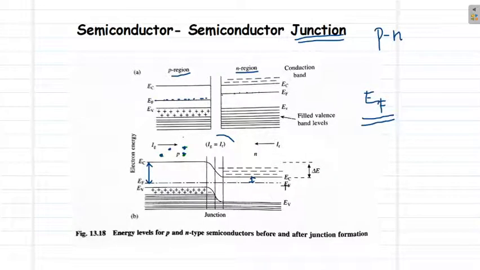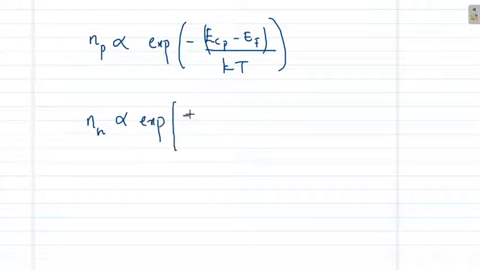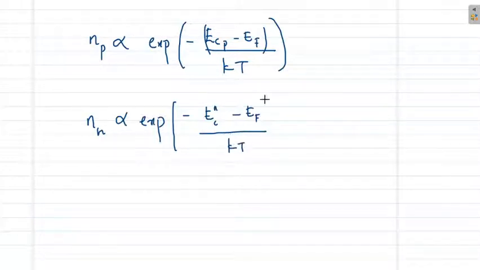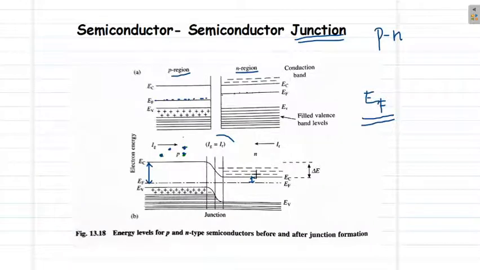It is ECN minus EF, which is very small. So in an n-type material, the number of electrons in the conduction band is proportional to exponential minus ECN, where N stands for n-type, minus EF divided by kT. Since ECN minus EF is very small, the number of electrons will be larger.